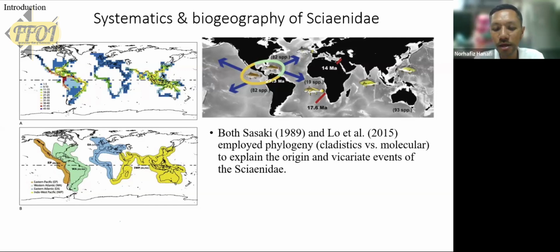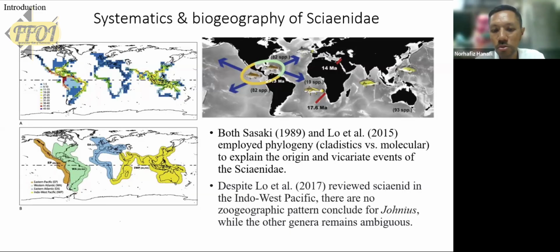That means maybe they have different ancestors from different places. The vicariant events in Indonesia are different, in China are different, in India are different, in Africa are different, in the American Atlantic are different. So this is why they try to explain it through the molecular approach.